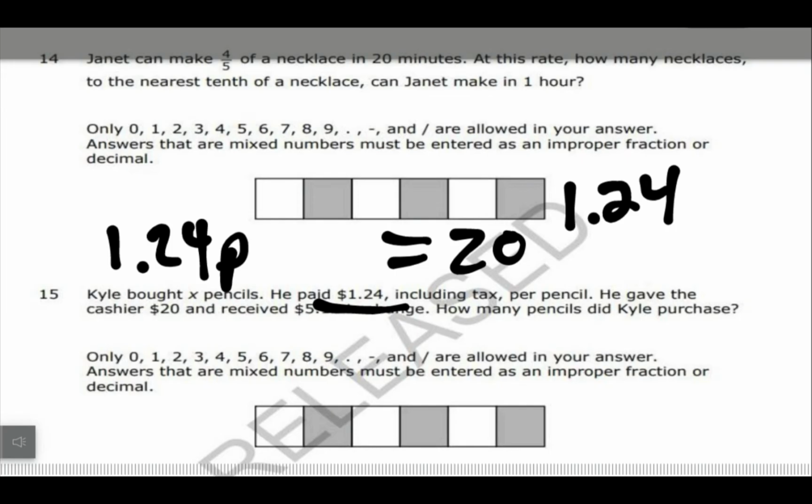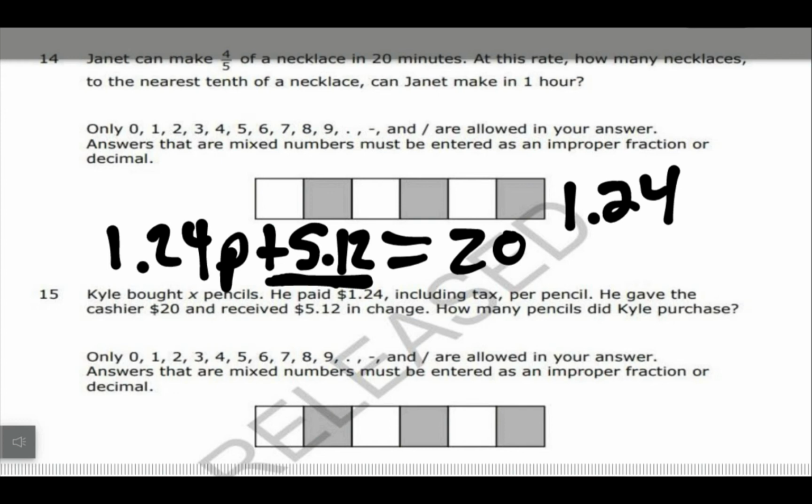And then he got back this $5.12. So $5.12 is what he got back. So basically I can do 1.24p plus 5.12 equals $20. All right, because this is extra that was left over, so I can consider that a positive.